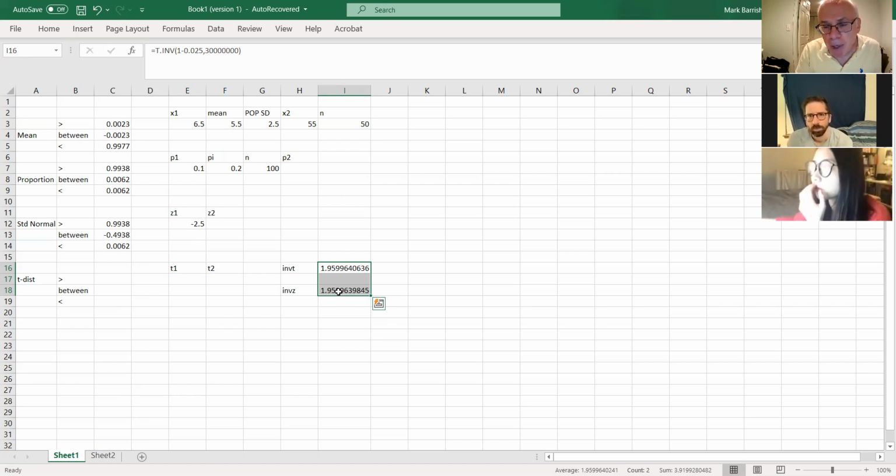But I just wanted to show you that I made the sample size 30 million, or the degrees of freedom 30 million. And even with that large of a sample, the t is still larger than the z. And that's all I'm trying to show you there.